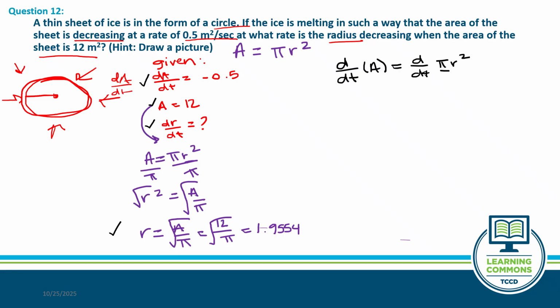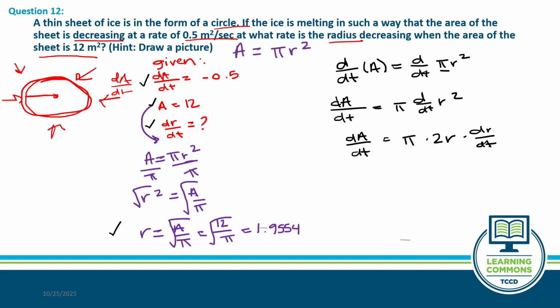Never anything else in these problems, okay? In this scenario, I can take pi out and move it because it's a coefficient. The derivative of A with respect to time is going to be dA dt, and then pi, and then r squared, that's going to be 2r times dr dt.